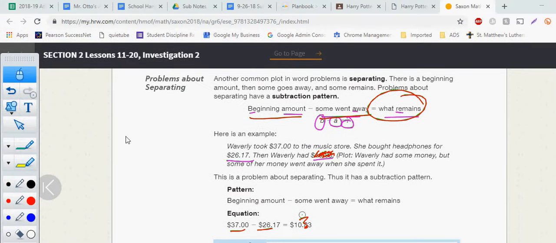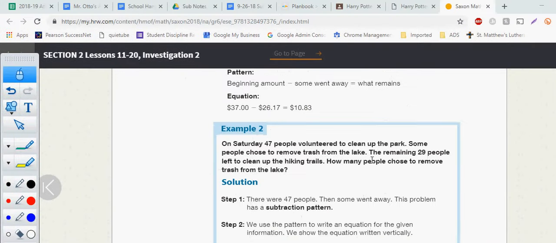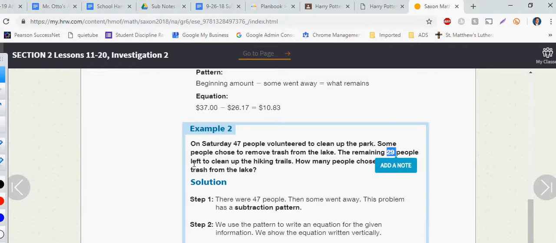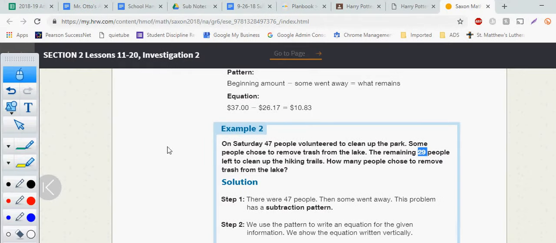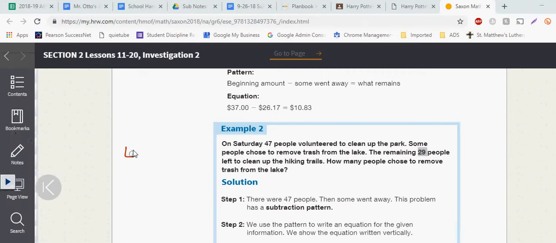How about on Saturday, 47 people volunteered. Some people chose to remove trash from the lake, and the others, 29 to be exact, left to clean up hiking trails. How many people went over to the trash that we mentioned earlier? Some, beginning amount. Some go away, but we know there were 29 for something else. So 29 remained for the cleaning up of the trails.